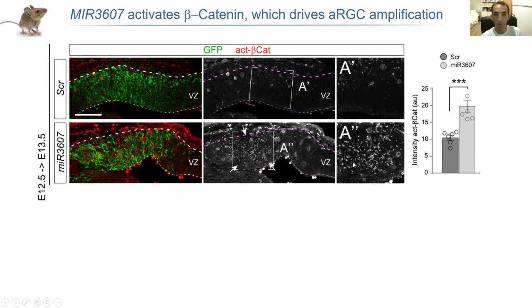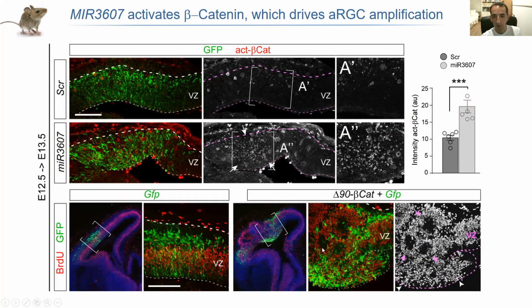So what we did was, on purpose, overexpress a constitutively active beta-catenin form. And what we found is that the cortex, again, was severely altered in these electroporated embryos, with disorganization of these radial glia cells in the ventricular zone, as you can see here, forming, again, these cartwheel configurations, these kind of rosettes of apical radial glia cells, very much similar to the phenotype we observed upon overexpression of miR3607.